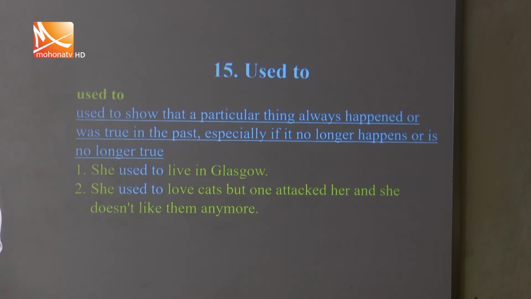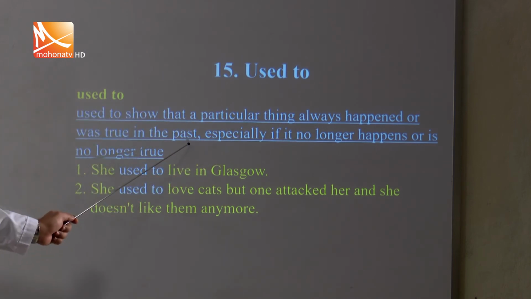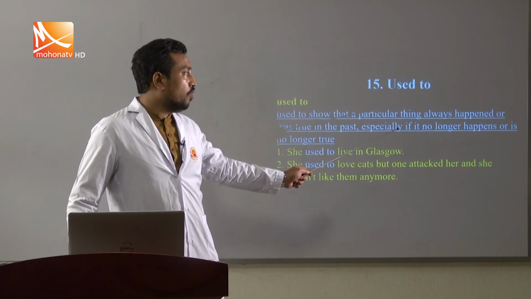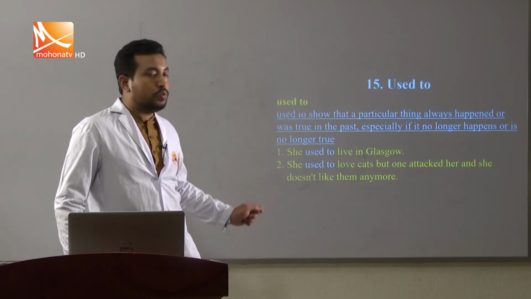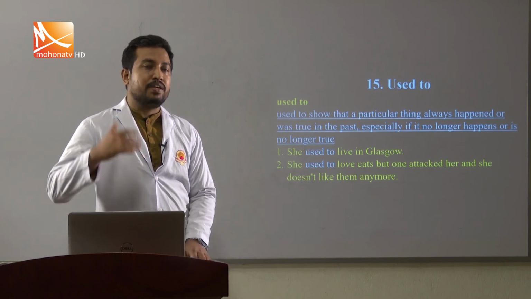Used to. This is another use of words and phrases. We use "used to" when we refer to a past thing or habitual fact in the past. It is used to show that a particular thing always happened or was true in the past, especially when it no longer happens or is no longer true. So, now it doesn't happen, it happened earlier.